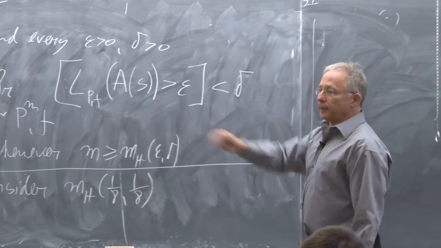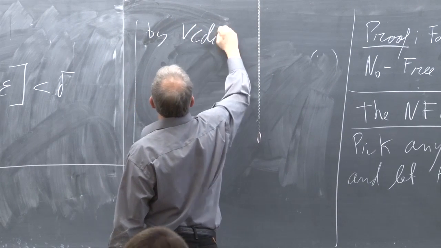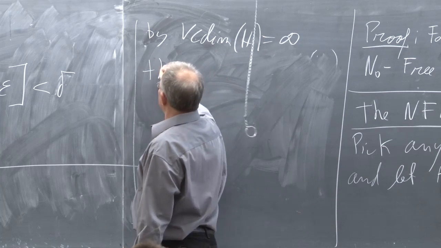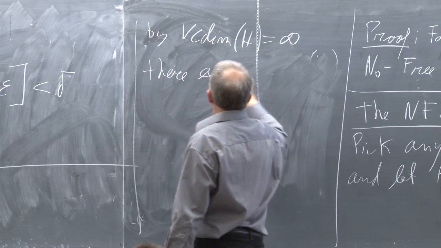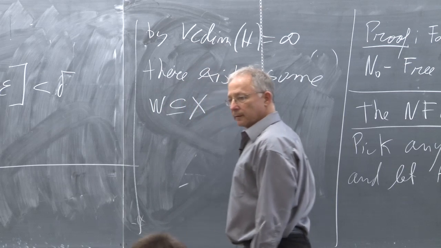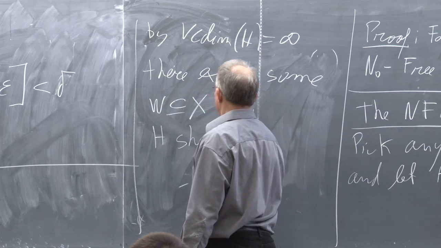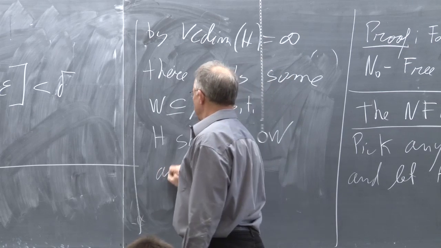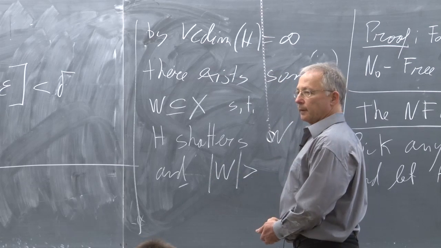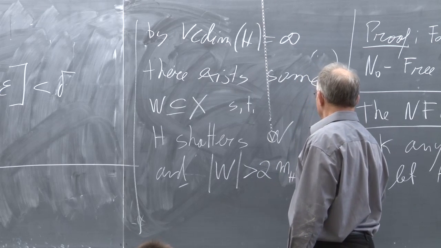Now, since the VC dimension of H is infinite, there exists some set, say W subset of X, such that H shatters W and the size of W is greater than twice m_H of 1 over 8, 1 over 8.